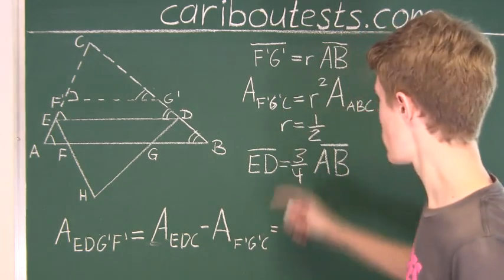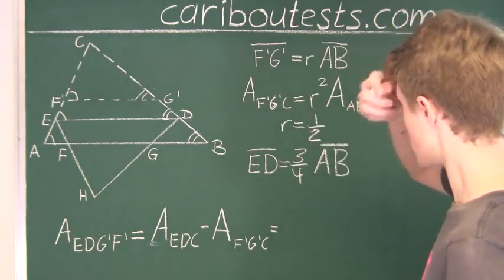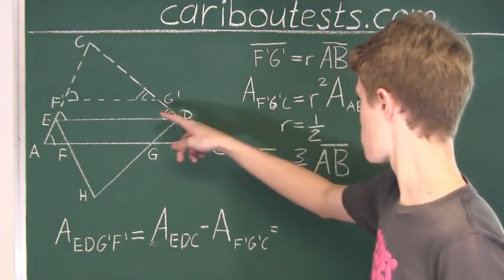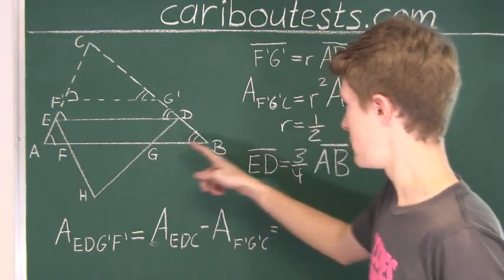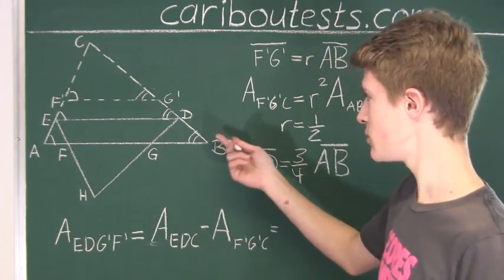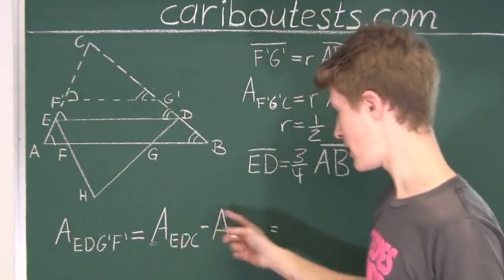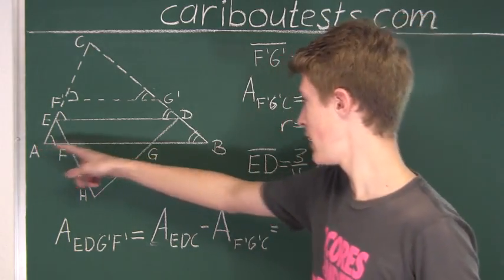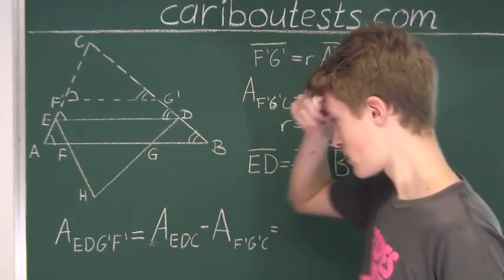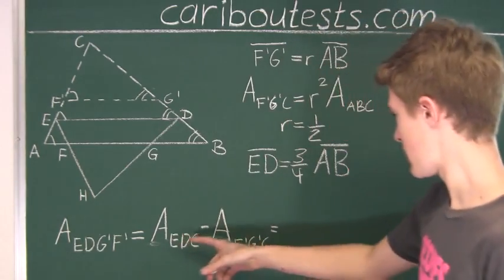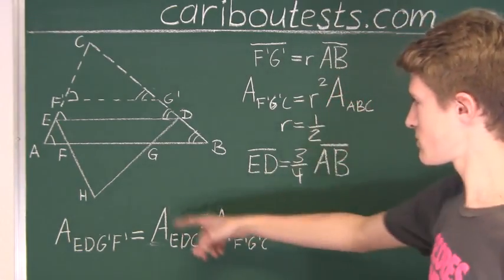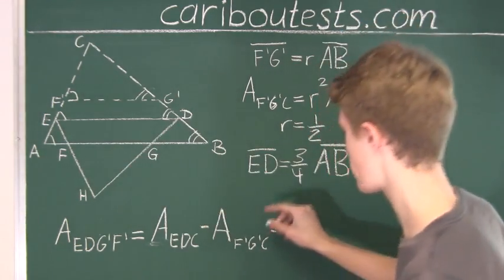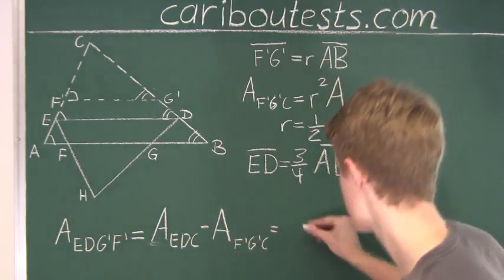Now we will use this formula twice. For the EDC, we will look at the line ED, and we know that that is 3/4 in relation to the line AB, and we want all the areas in relation to the area of the triangle ABC. So we have 3/4 because ED is 3/4 in relation to AB, and of course that is squared because we want the area.